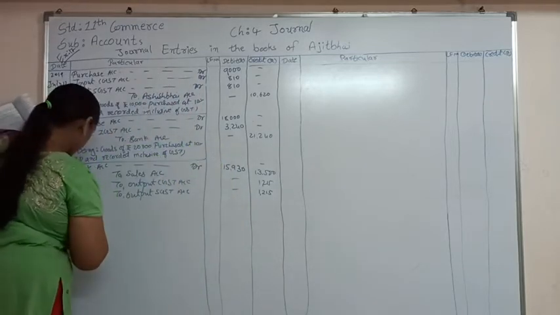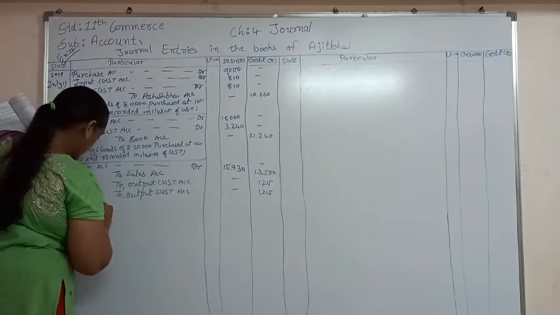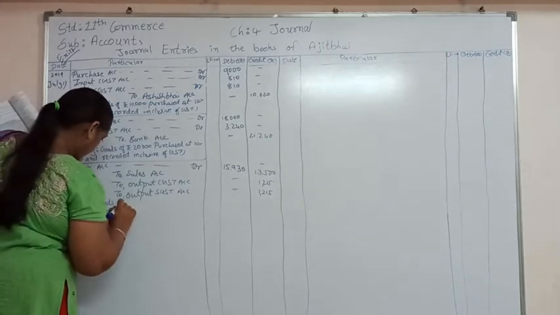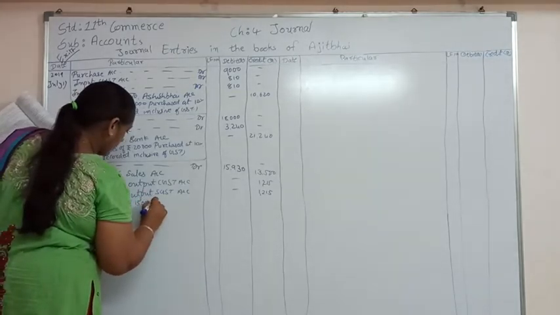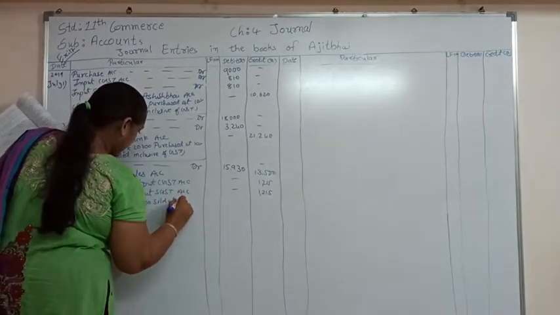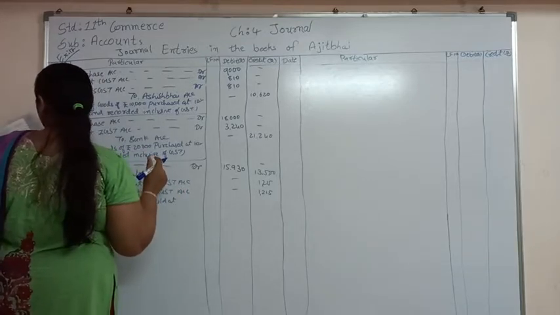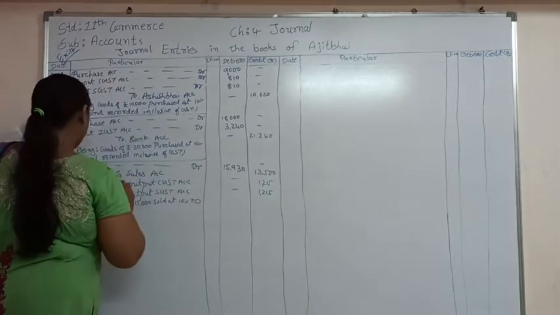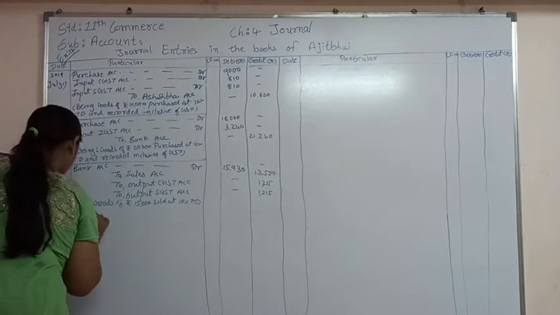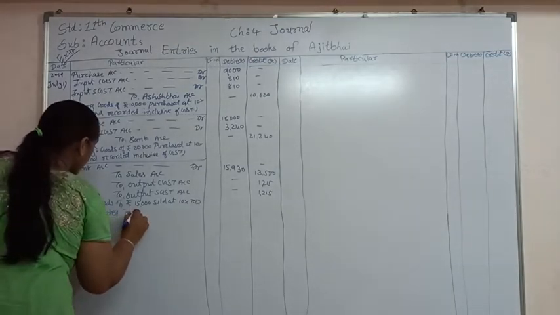And here, being goods of rupees 15,000 sold at 10% trade discount and recorded inclusive of GST.